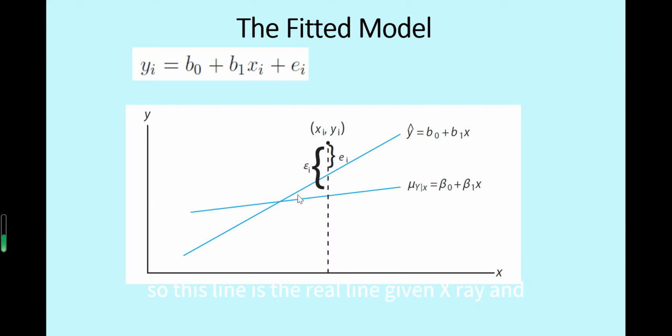So this line is the real line, the mean of the y value given the x value. Because each observation is also randomly observed, based on this real line we add an epsilon, or random term, in regression modeling.